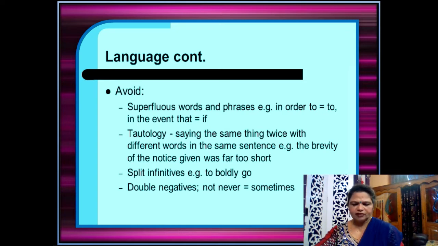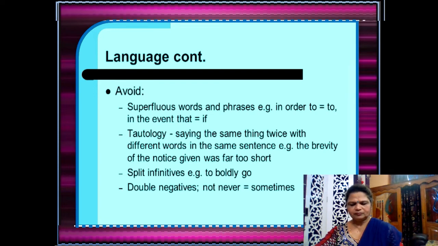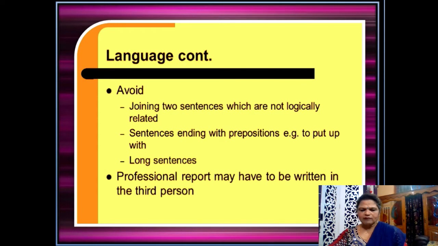Split infinitives, for example, to boldly go. Double negatives, not never, but sometimes they can be used here. Also, you have to avoid joining two sentences which are not logically related. It means try to form small sentences using simple language.